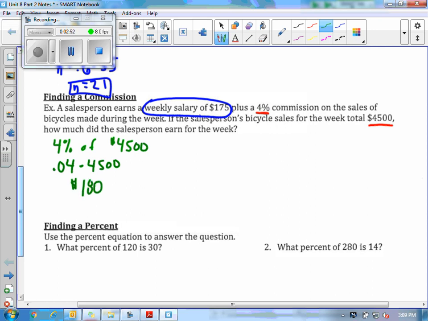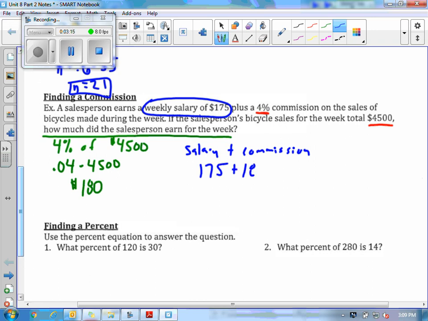If the question asks for how much money the salesperson made from commission, it'd be $180. But the question asks for how much did the salesperson earn for the entire week, which includes the salary plus the commission. So you're given the salary of $175, and then you can add the commission of $180. So the total salary for the week is going to be $355.